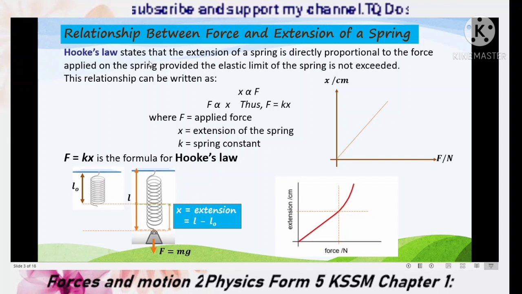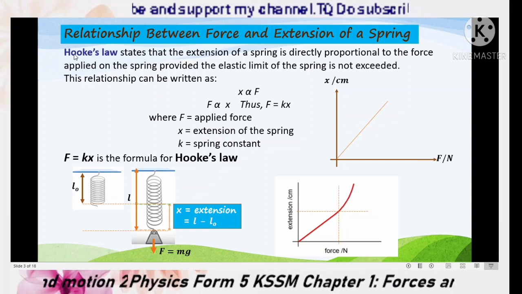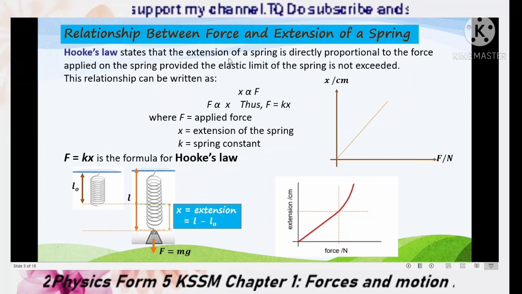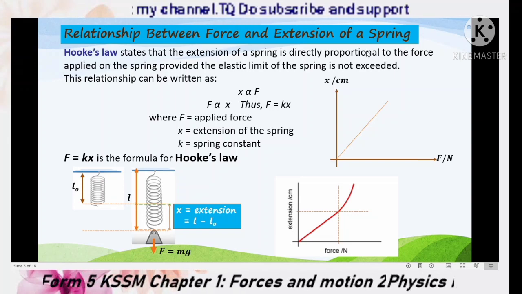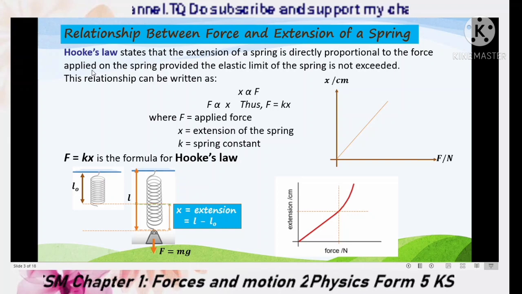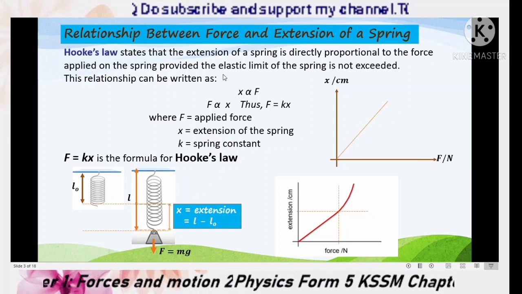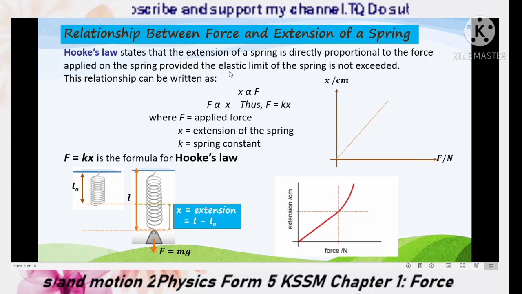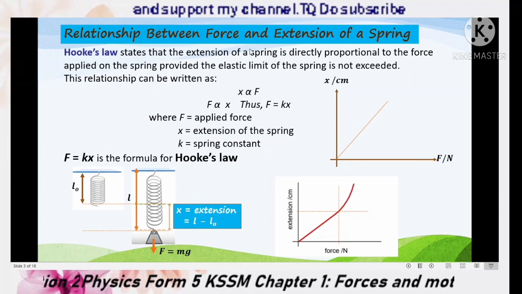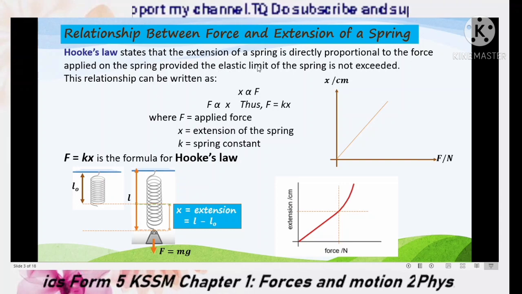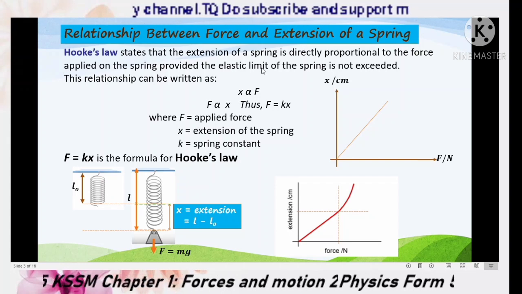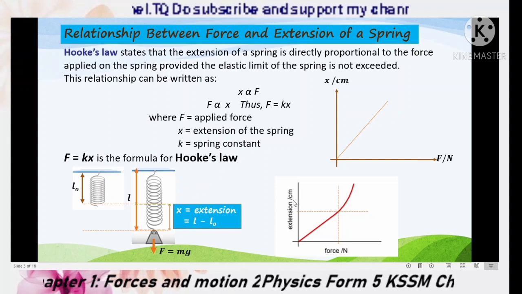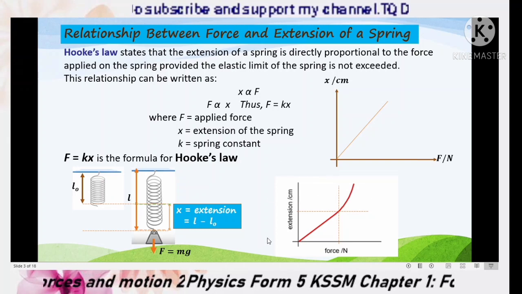If we go back to Hooke's law just now, which states that the extension of a spring is directly proportional to the force applied, provided the elastic limit of the spring is not exceeded. What is the meaning of the word elastic limit? Look at this graph.